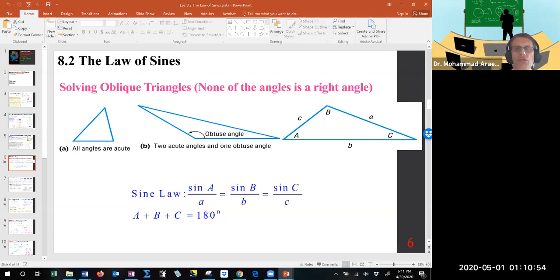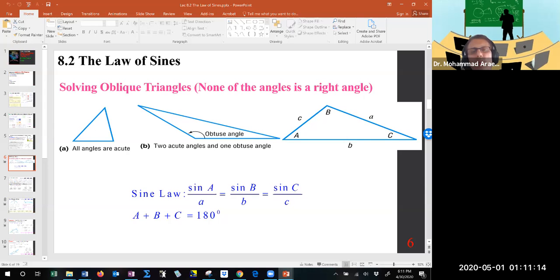So here's a new section. I want to give you the synopsis of the section, and then we start looking at the law of sines. We have a different type of triangle known as an oblique triangle.